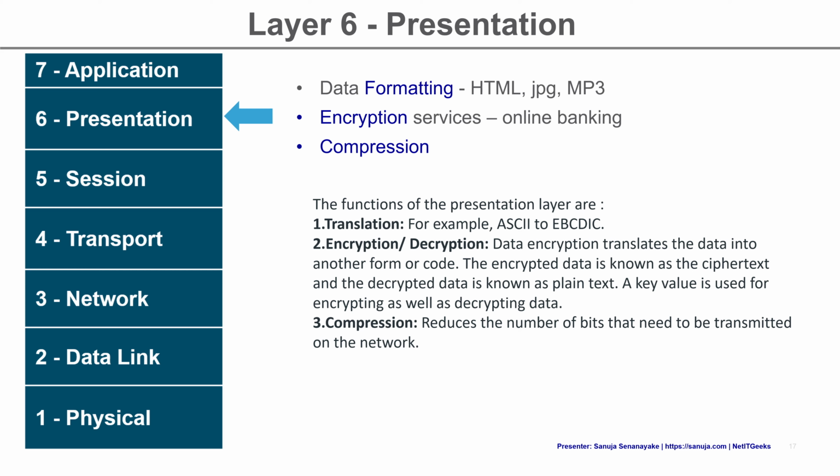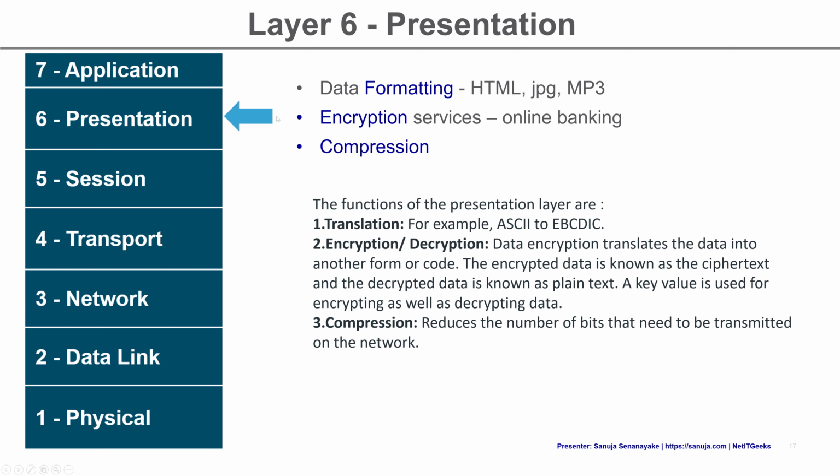The functions of the presentation layer can be summarized as translation, for example ASCII translations, and encryption and decryption, which allow the data to be encrypted, translating the data into another format or a code. The encrypted data is known as the ciphertext, and the decrypted data is known as the plain text.